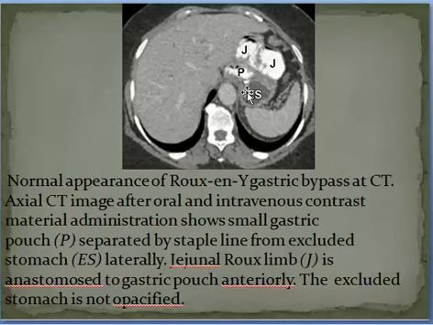This is the staple line, this dense metallic part here, separate from the excluded stomach: the pouch, the excluded stomach, and the staple line here. This is the jejunal Roux limb, which is anastomosed to the gastric pouch and is continuous with it. The excluded stomach appears collapsed and non-opacified.